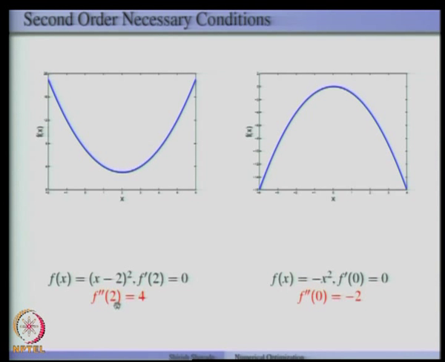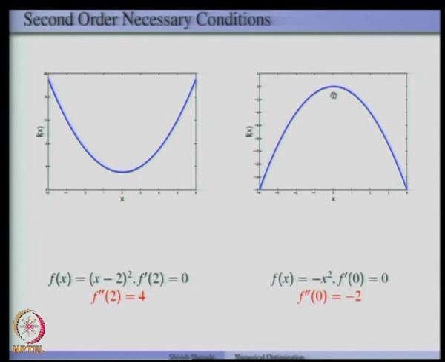You will see that for this function the second derivative at this point is positive, and for this function the second derivative at this point is negative. So, the second derivative in some sense talks about the curvature of the function at that point. This function has a positive curvature at this point and this function has a negative curvature at this point.